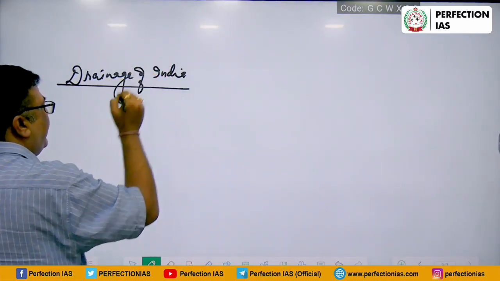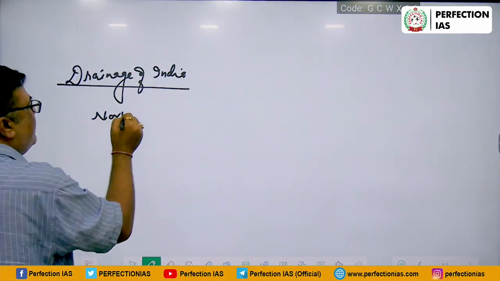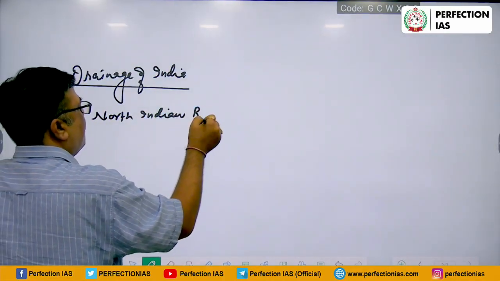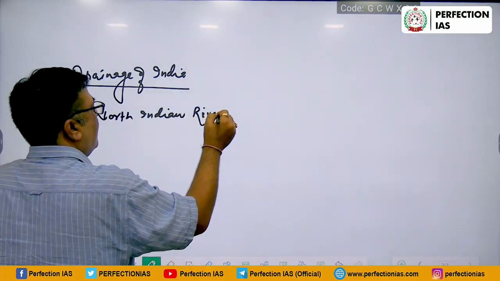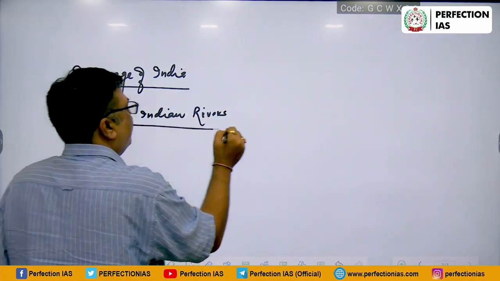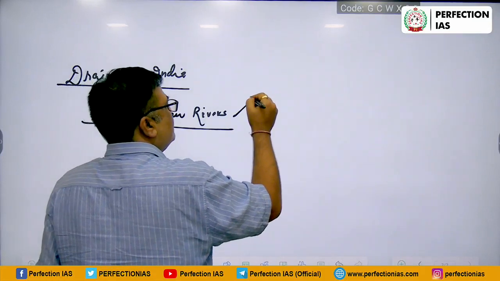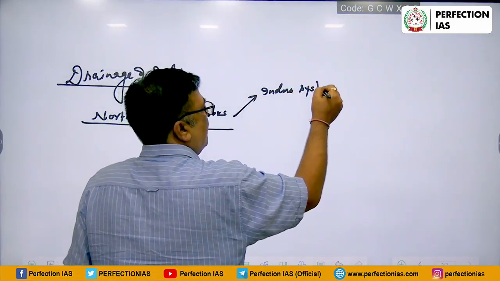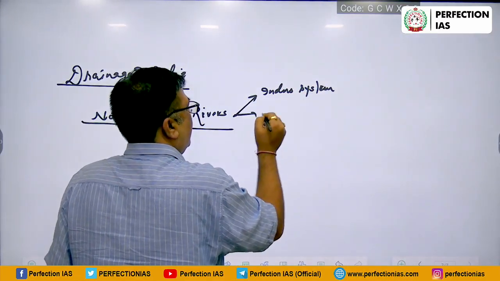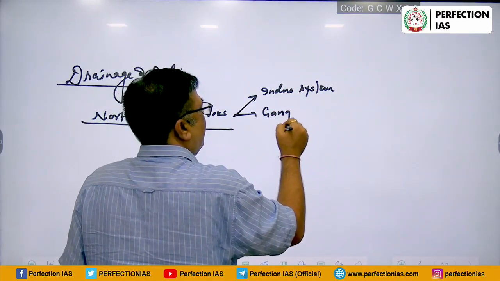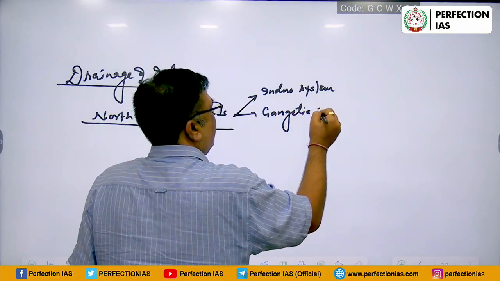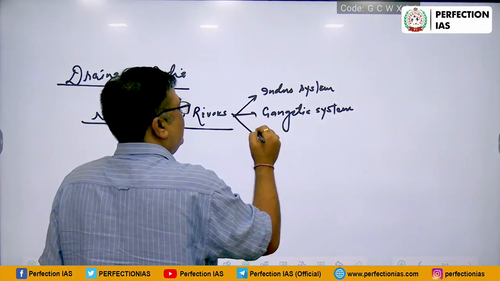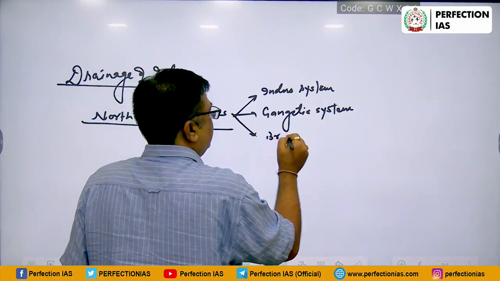Up it is in full detail like North Indian rivers. In North Indian rivers, Indus system, Gangetic system, and Brahmaputra system.